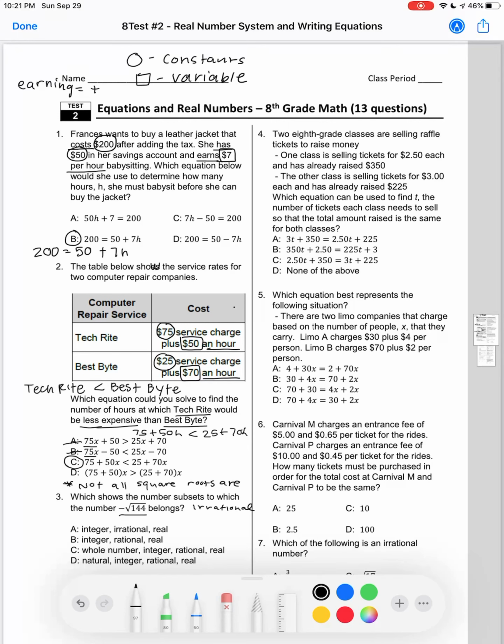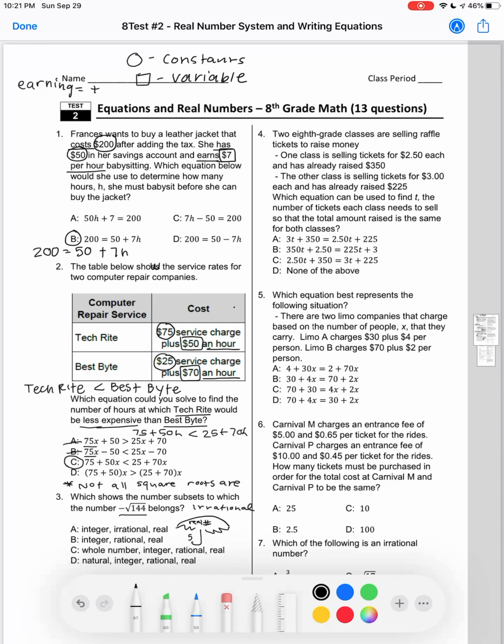So if we remember our Venn diagram, we know that there are 5 categories and they're all under, I tried to use an umbrella analogy. So these are the real numbers, and that has the 5 categories in them.